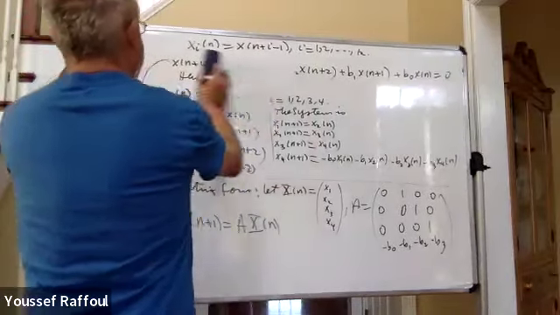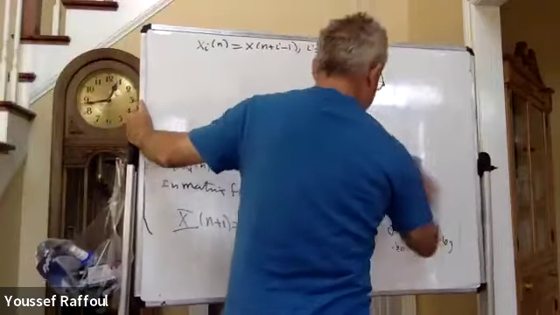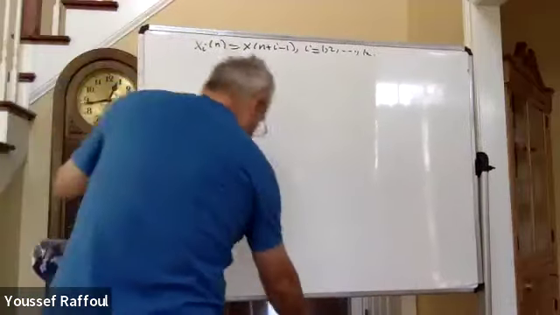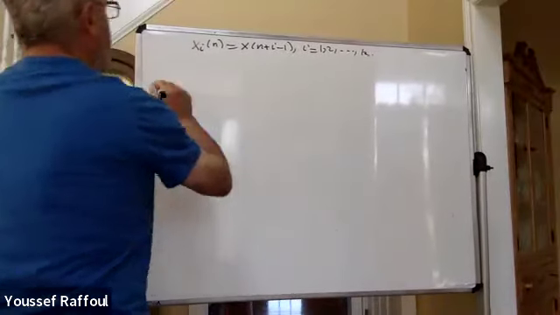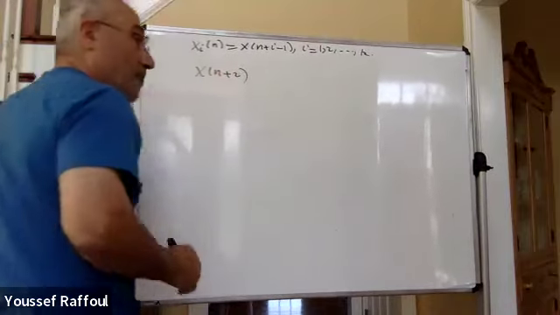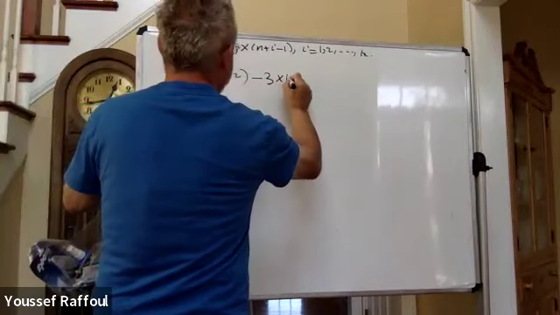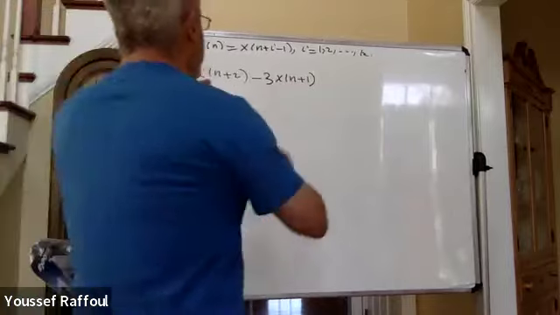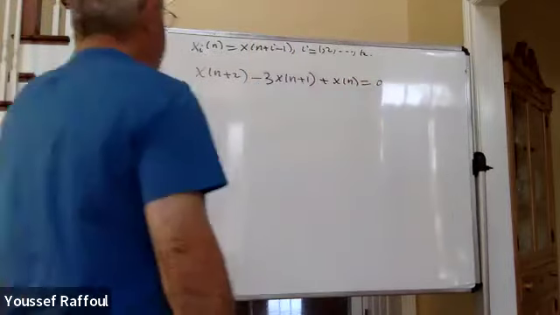Let's take a look at x of n plus 2 minus 3 x of n plus 1 plus x of n equals 0.